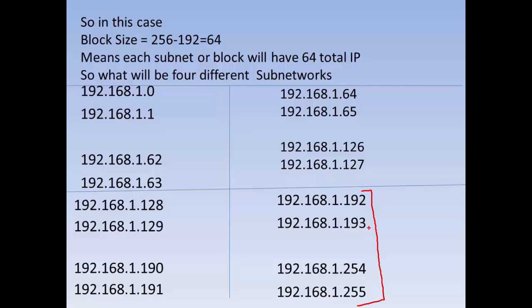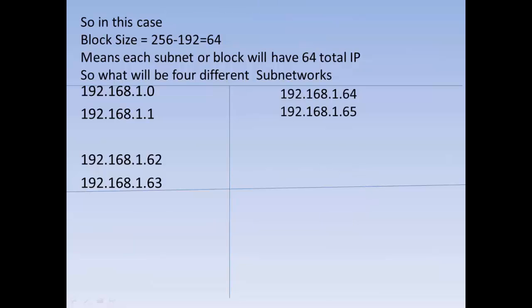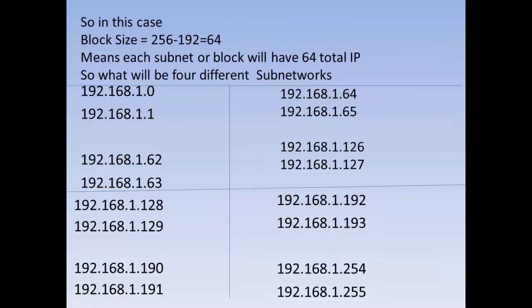This is a network ID, and this is a broadcast IP that I know. But how will the router calculate it for this particular IP with the subnet mask? The subnet mask I calculated here is 255.255.255.192.